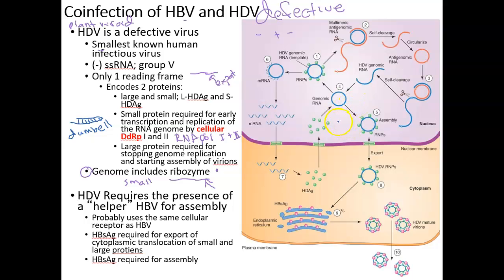But in order to efficiently direct the second half of the hepatitis D replication cycle, so you've got your hepatitis D genome here, and it's bound up by your small and large hepatitis D antigens. In order for this export to be efficient, and in order to start making completed virions, you need the hepatitis B antigen.